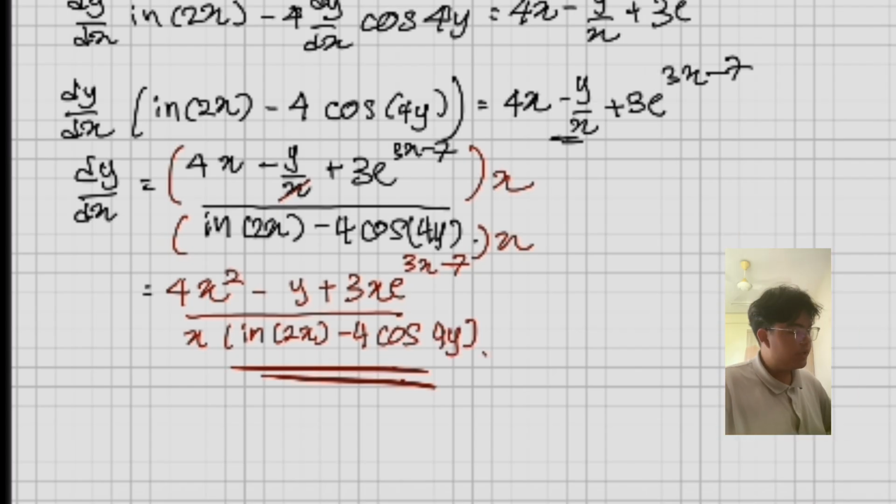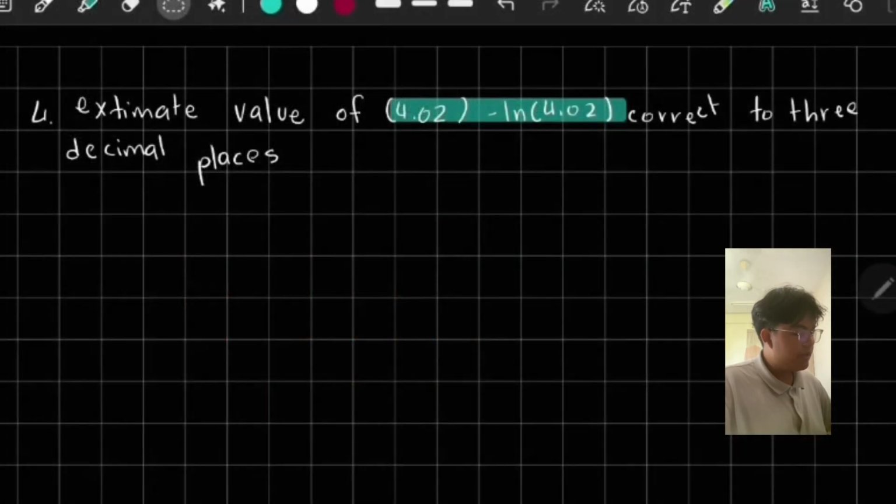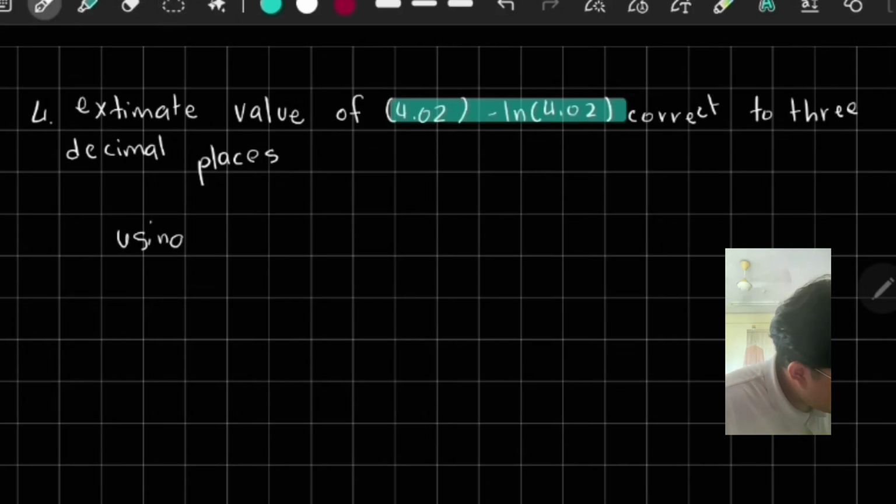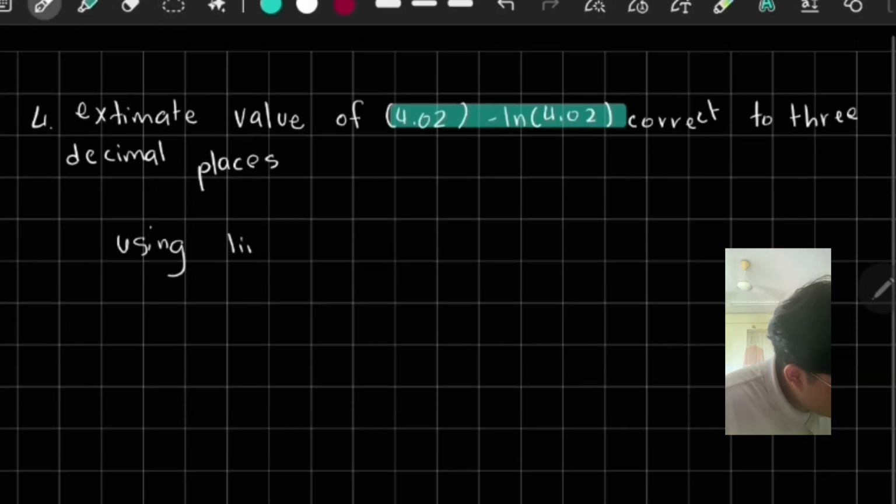Okay, so for question number 4, you need to estimate the value of 4.02 squared minus ln 4.02, correct to 3 decimal places, using linear approximation.